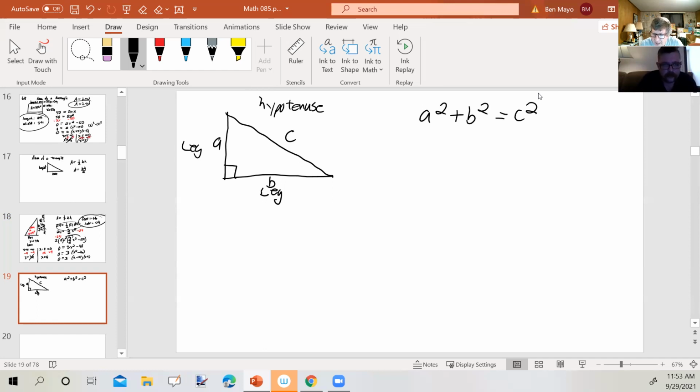The legs, A and B, it doesn't matter which one you label as A and which one you label as B, because addition is commutative. So in fact, we could switch the order of these and it wouldn't change the equation, okay? So the hypotenuse is C, the 2 legs are A and B. Now, any questions about that formula?